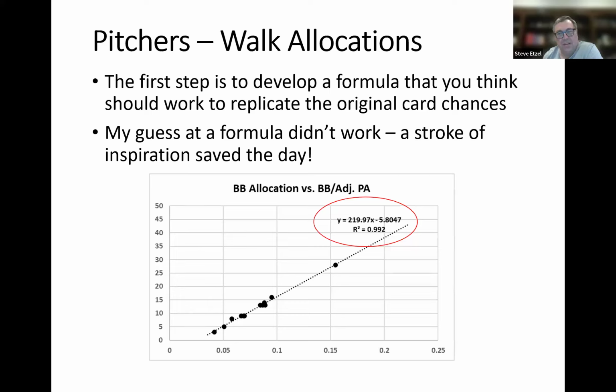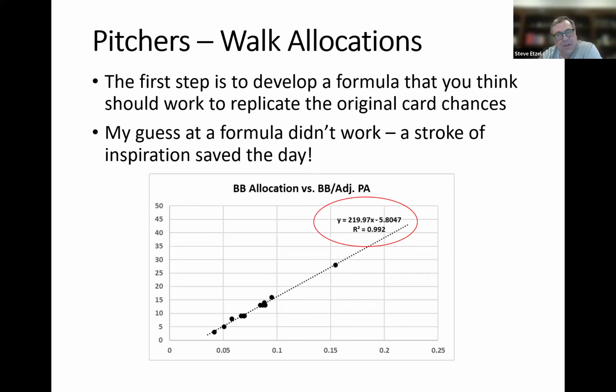I calculated the statistic. I documented the number of walk chances on the card. And you can see there's a 99% correlation. It's like, voila, I have maybe not the exact formula for walks, but I've got one that's just as good as the original. And I would say that was where inspiration came in.